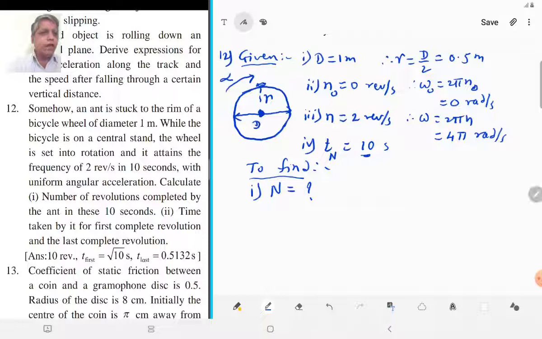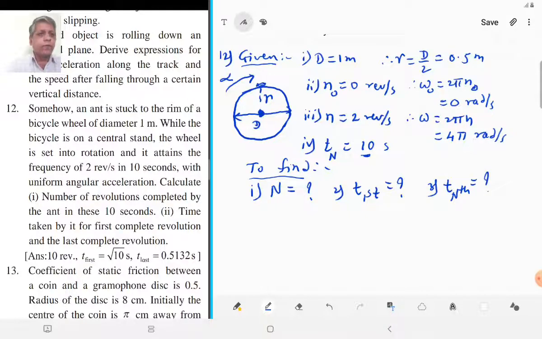Here, to find out the time taken for the first revolution as well as the time to complete the last revolution, that is the nth revolution. These are the points n, t first, t nth to be calculated.